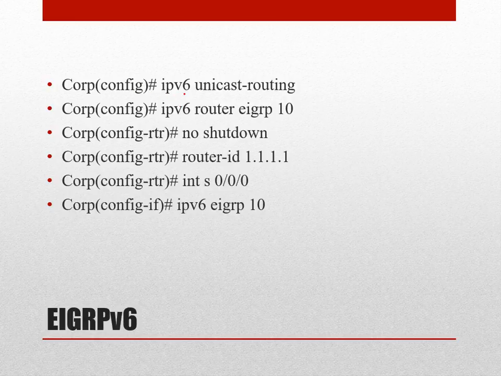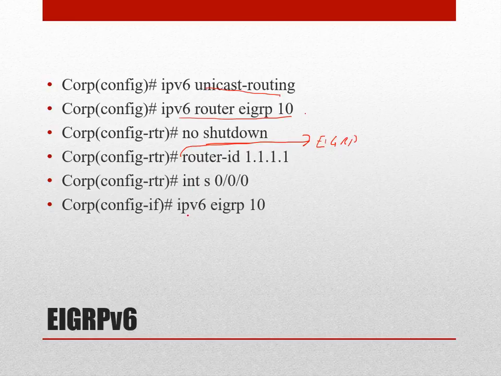IPv6. We have to turn on the unicast routing, and then we turn on EIGRP. After you do that, then they give no shutdown. This command is wrong, at least it's wrong in Packet Tracer, and he's got this in the labs. It's EIGRP router ID. You have to give it router, even though you're in the configure router, you have to tell it that it's a router ID for EIGRP.